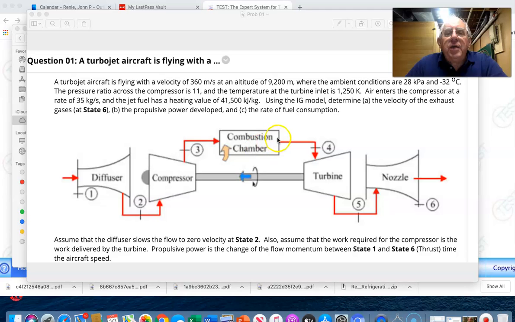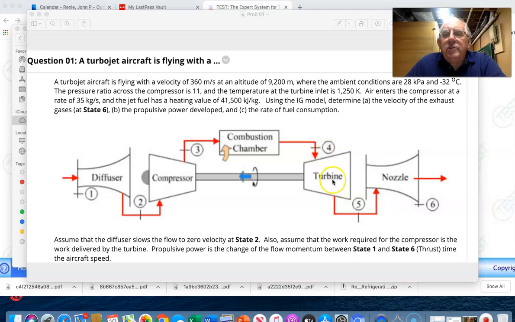The combustion chamber is going to be assumed to be constant pressure, and the input of fuel is going to then provide a temperature at the outlet of 1250 Kelvin, and so that's going to define state 4.